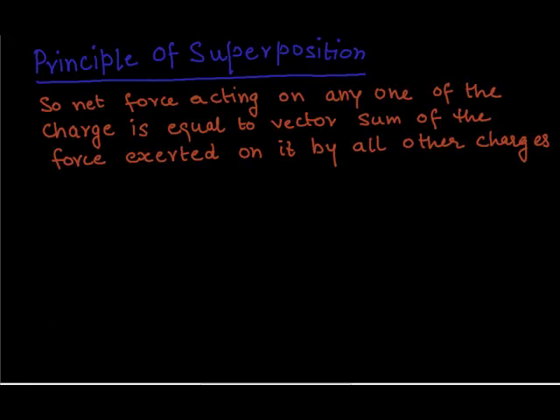So the net force acting on any one of the charges in the system is equal to the vector sum of the forces exerted on it by all other charges, and this is known as the principle of superposition as applied to electrostatic forces.